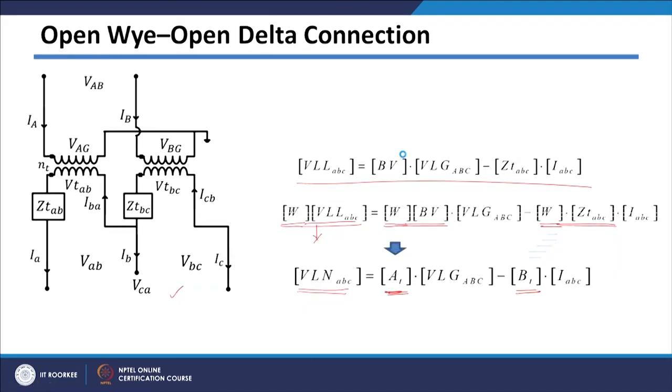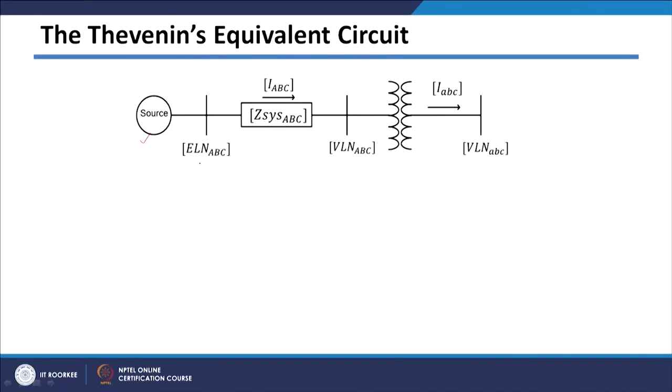Now see, many times in short circuit calculation we need to know the Thevenin's equivalent circuit at that particular short circuit point. In this case what I have shown is there is a source here, then this bus voltage is VLN ABC, ELN ABC I am calling, and then say there is a transmission line having an impedance matrix of Z system ABC, a 3 by 3 matrix of your transmission line.